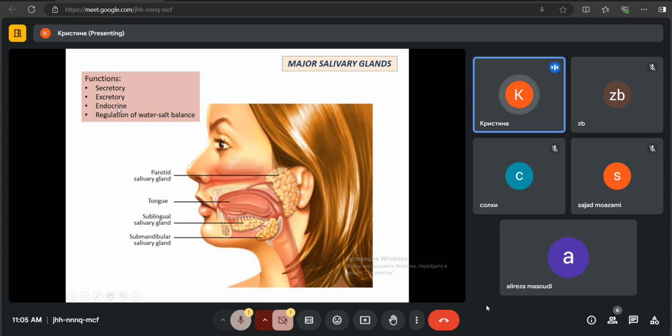And regulation of water-salt balance. It means that they produce some ions in the structure of saliva, and they also regulate the pH level. And the regulation of water-salt balance is more important for the body also in the case of kidney failure.